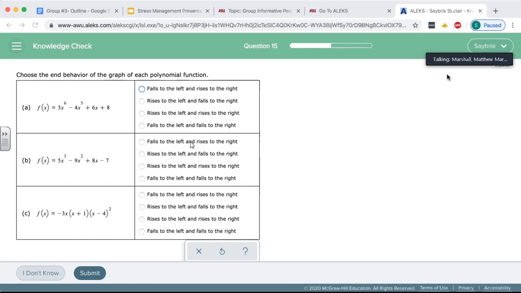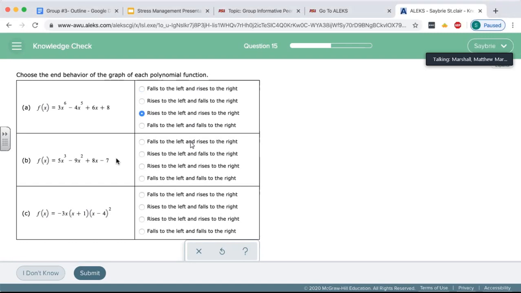I have rises to the left and rises to the right on that one. I mean, this is going up and up and up. Rises to the left and rises to the right. Yeah, it's a U shape, so.